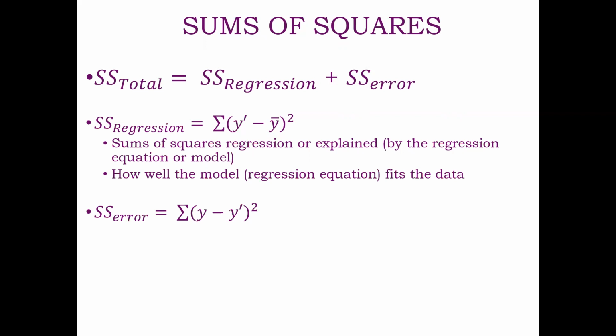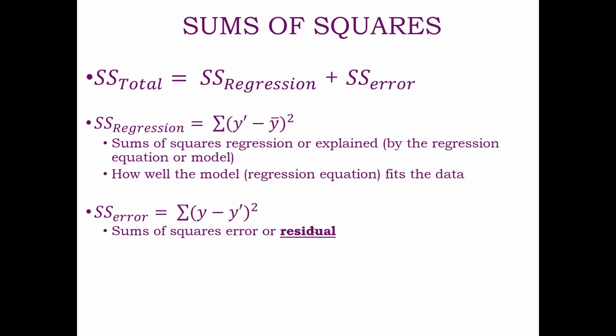Okay. Sums of squares error just refers to the squared differences between the actual value of y and the predicted value. So these are all the values of y that are not right along the regression line. That's the difference between them and the regression line. This is also called sums of squares residual. In fact, that's how SPSS refers to it.